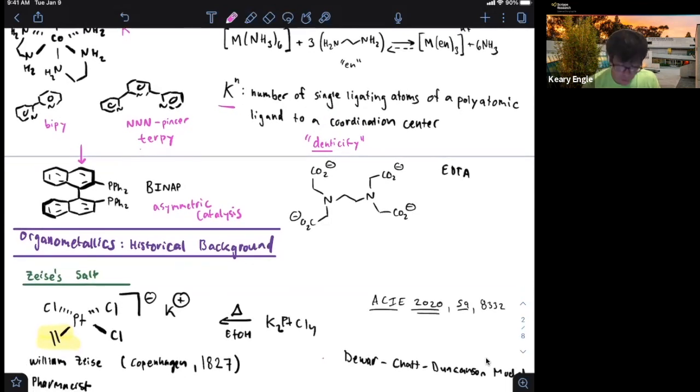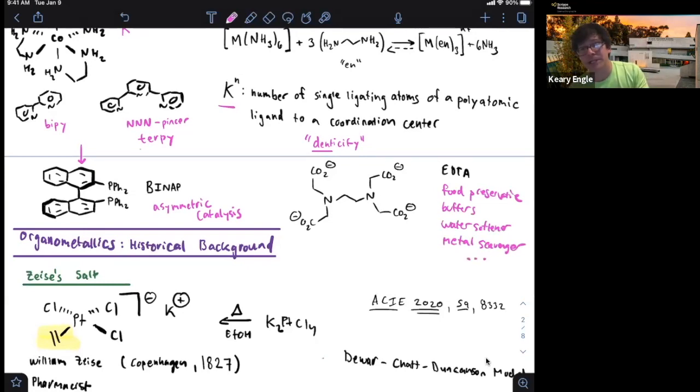It's used for all sorts of things, including as a food preservative. It's used in buffers. It's used as a water softener. It's used as a metal scavenger, and so on and so forth. You literally encounter EDTA every day of your life in some way, shape, or form.